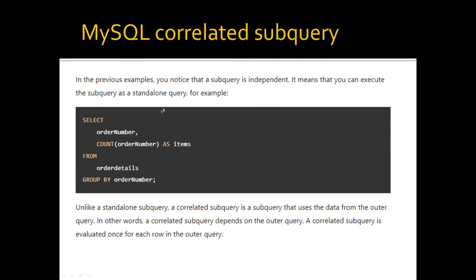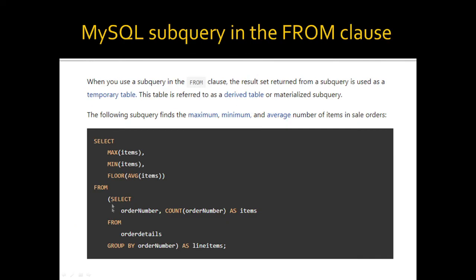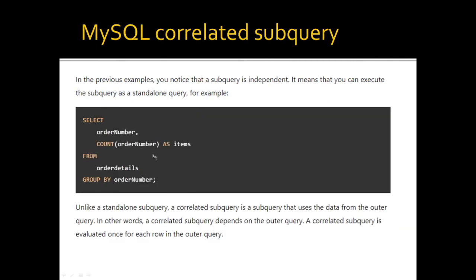In the previous examples, you notice that a subquery is independent. It means that you can execute the subquery as a standalone query. For example, you can copy this subquery and execute it. It can be executed as a standalone subquery.